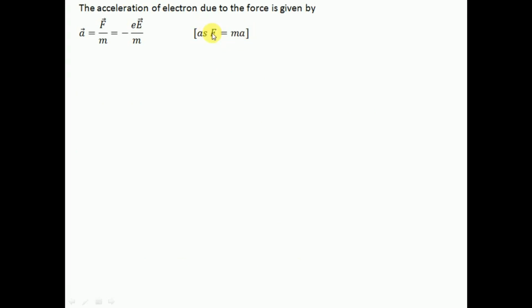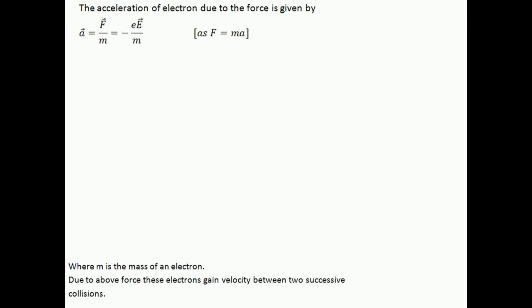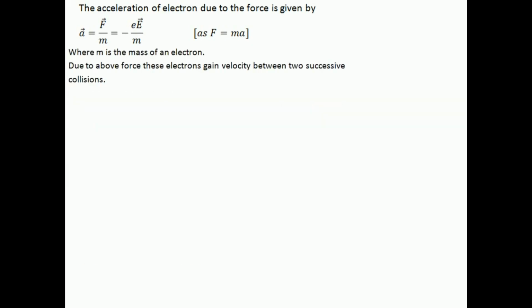When you apply force on an electron, it will start accelerating. As we know, force is equal to mass times acceleration, so acceleration is force divided by mass. Putting in the force from the previous equation, -eE, the acceleration will be -eE/m, where m is the mass of the electron. This acceleration exists only between two collisions, because after each collision the electron stops for some time and its acceleration becomes 0.